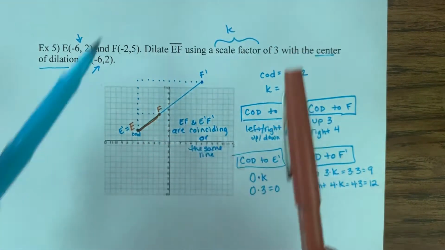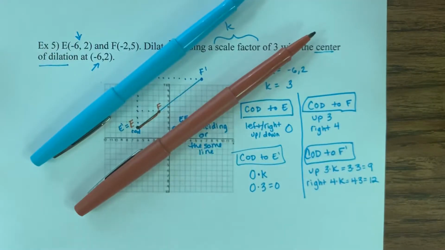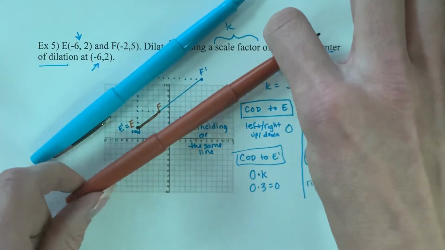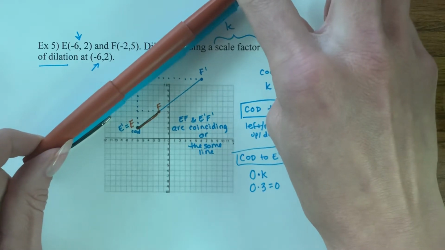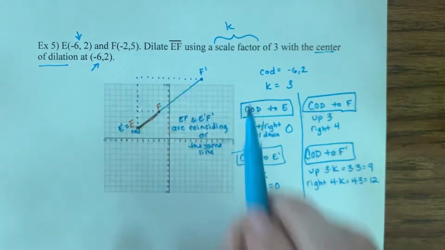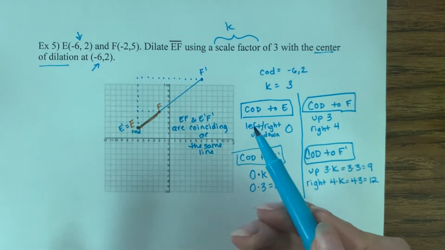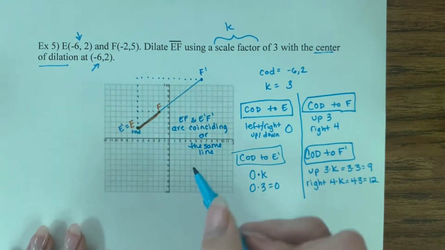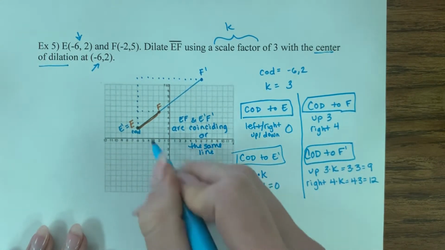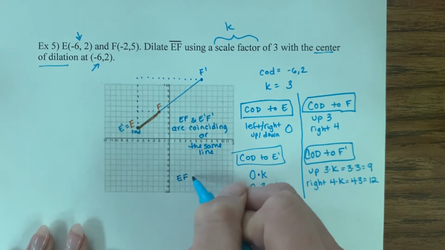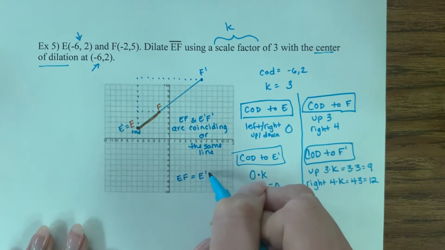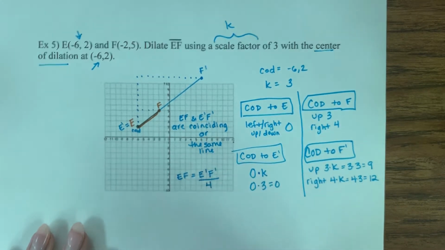So if this pen and this pen were parallel, they would be like that. If they were coinciding, they would literally just be in the same plane. They would be in the same linear area. So I can say that they're coinciding, and then I can still say all the same things about their distance. So I can say my original one, which was the shorter one, would equal the longer one if I just cut the longer one into fourths.